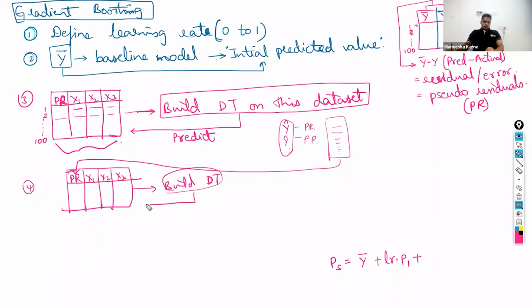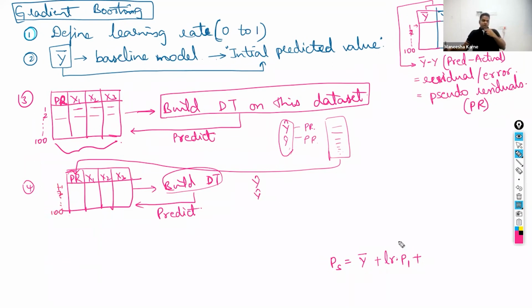And once you build the model, what do you do? You use that to predict on the data set. Once you predict, you get predicted values. Okay. You get the predicted values for all these 100 observations.